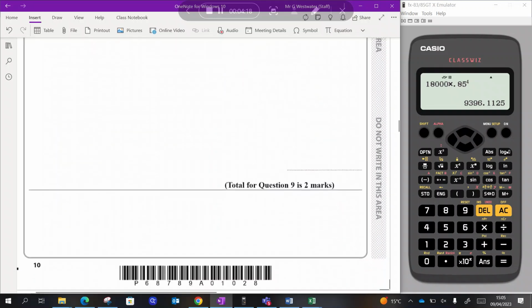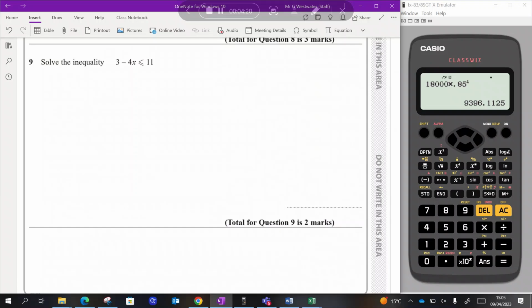On to question 9. Solve the inequality. So we can treat inequalities much like we can treat equations. In fact, I'm going to give you 2 ways of doing this. So first, I'm going to subtract 3 from both sides, leaving minus 4x is less than or equal to 8. And then I'm going to divide by minus 4.